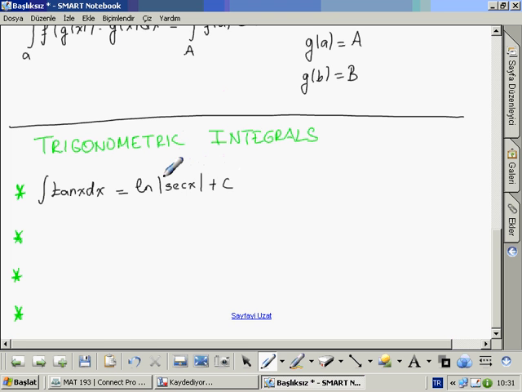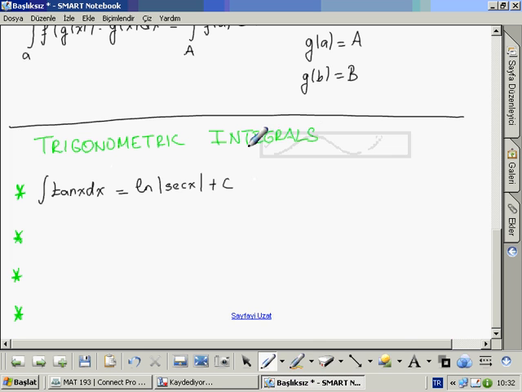And of course you can choose u equals cosine x, and du will be minus sine x dx, and after that you can find this integration.